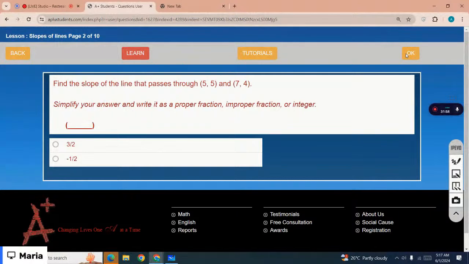So y2 minus y1 and x2 minus x1. That is -1/2, which is the correct option. Option number 2 is the correct option.